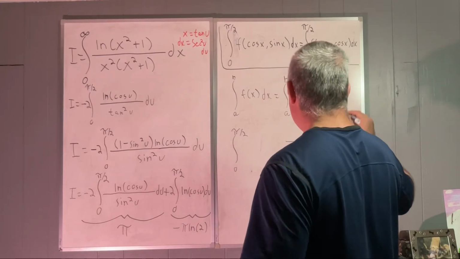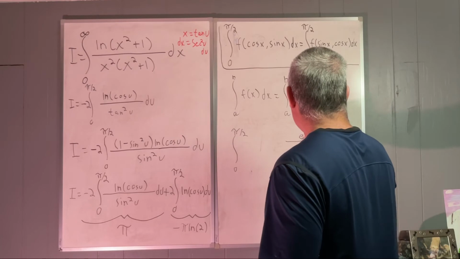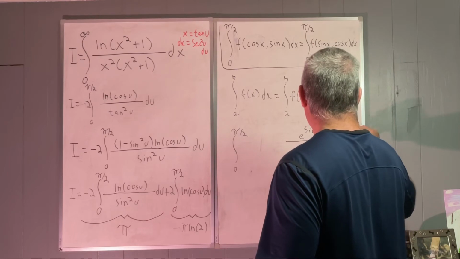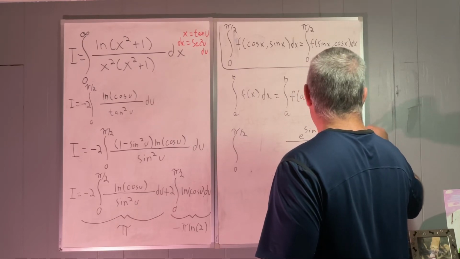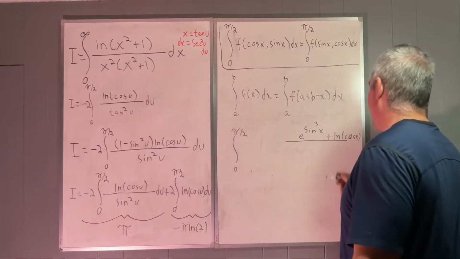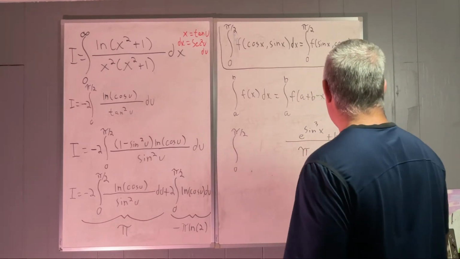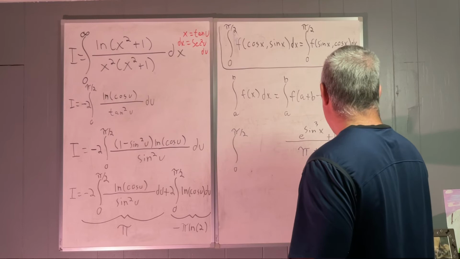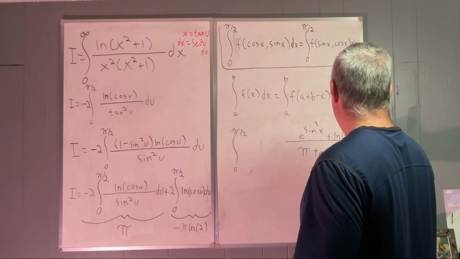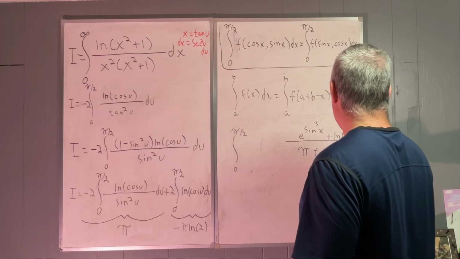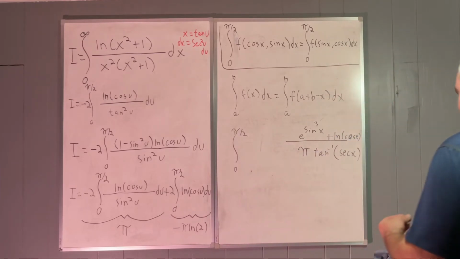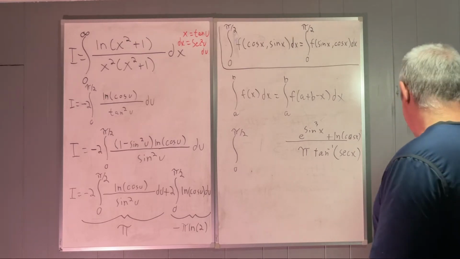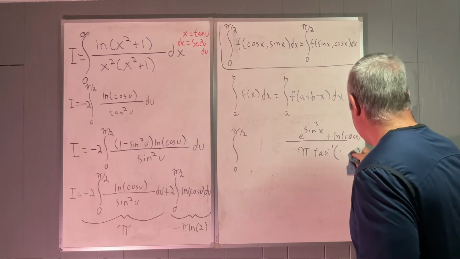Let's just say we've got e to the sine cubed x plus the natural log of cosine x over pi times the inverse tangent of secant x. I know that's not cosine x or sine x, but it is, because it's 1 over cosine x.